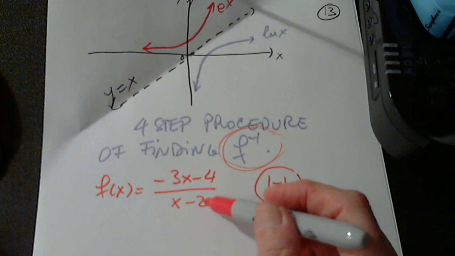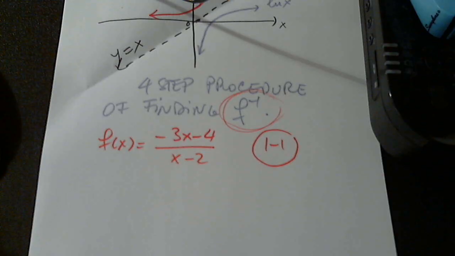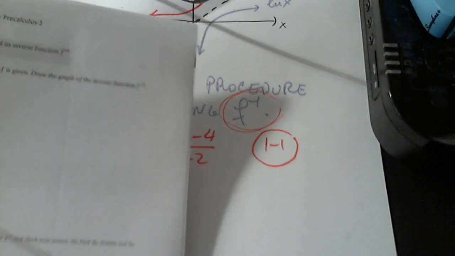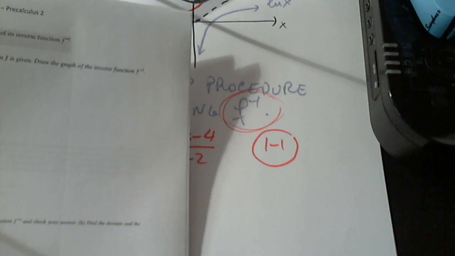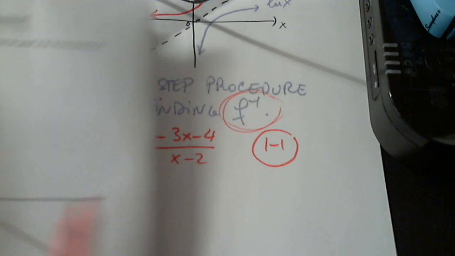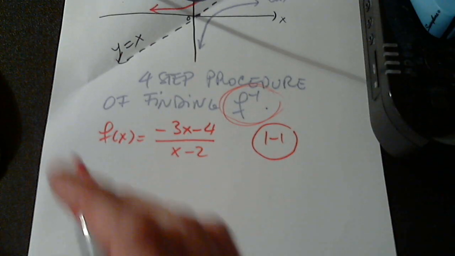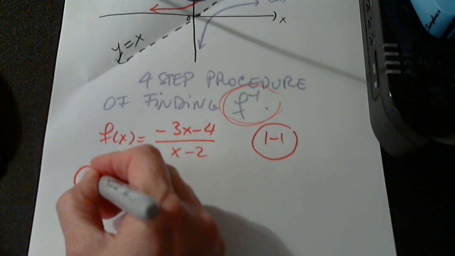But this is a one-to-one function. Rational functions are one-to-one, maybe not all of them, but this one, the problem is telling us the function f of x is one-to-one. Find the inverse. Here's the first step for finding inverse.